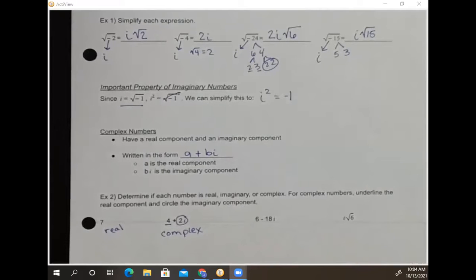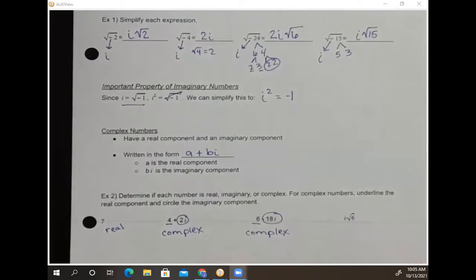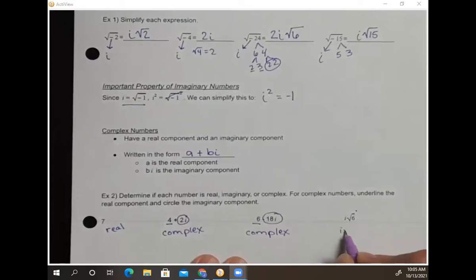The imaginary part's easy to spot because it's got the i. How about this guy? Real, imaginary, or complex? Complex. It's got a real component and an imaginary component. That makes it complex. And then at the end here, I have i root 6. This is imaginary. It only has an imaginary part, right? The i is attached to the root 6. That makes this imaginary.